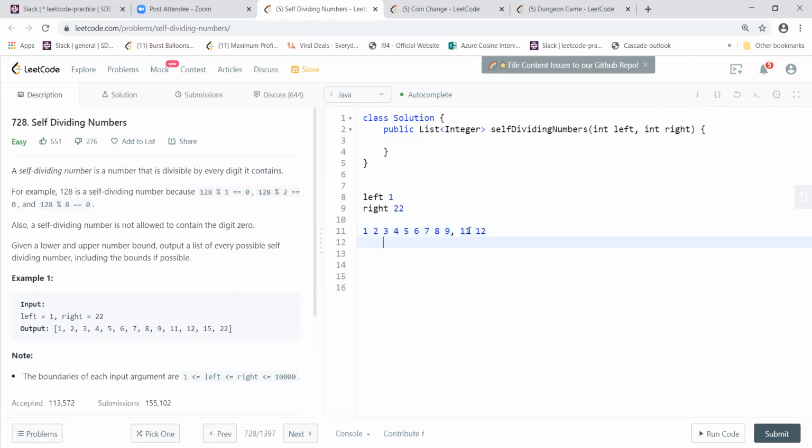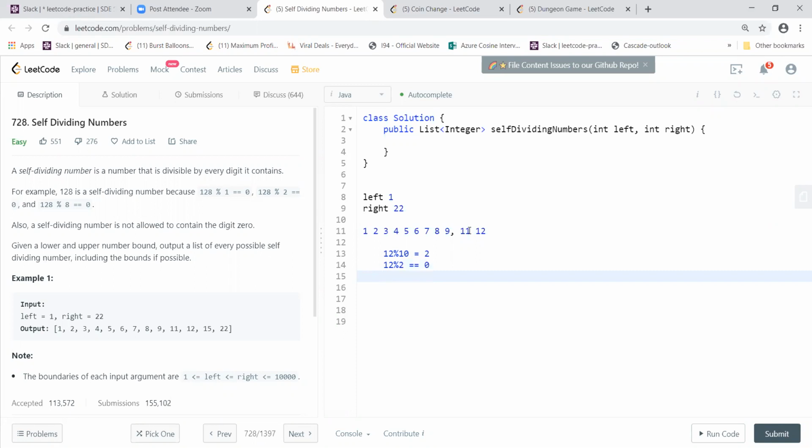If I have to take something like 12, I would first do a modulo 10 of it, which will give me 2. Then I check 12 modulo 2, and if it equals 0, it means it can be divided by 2.